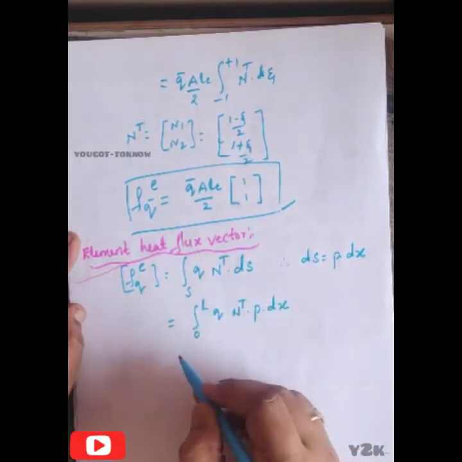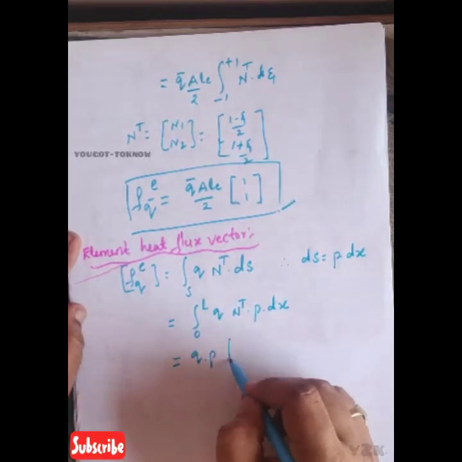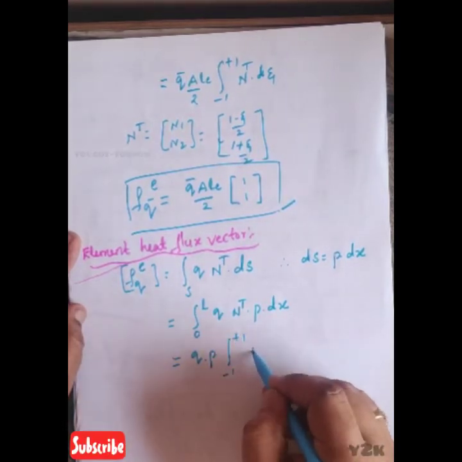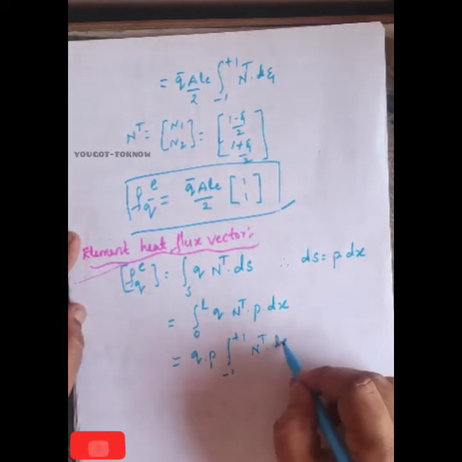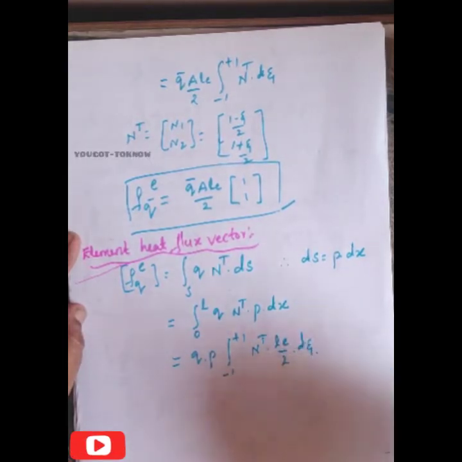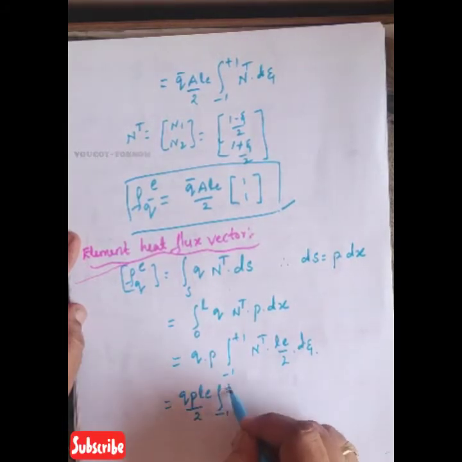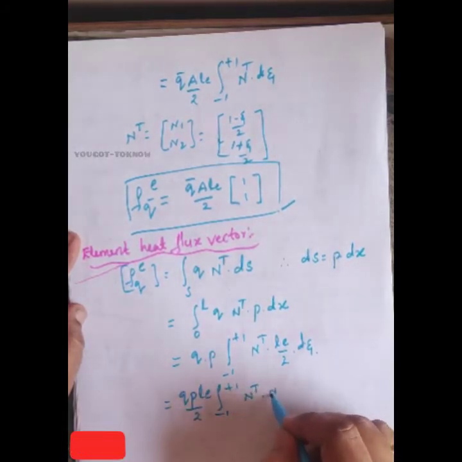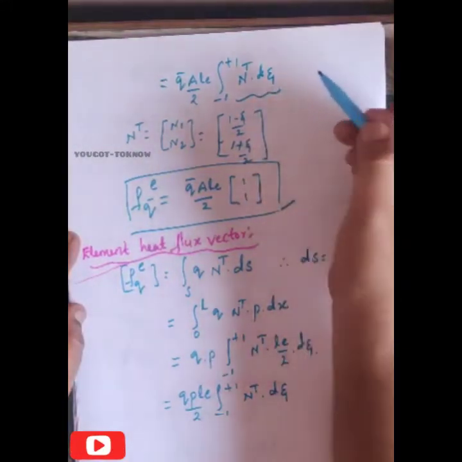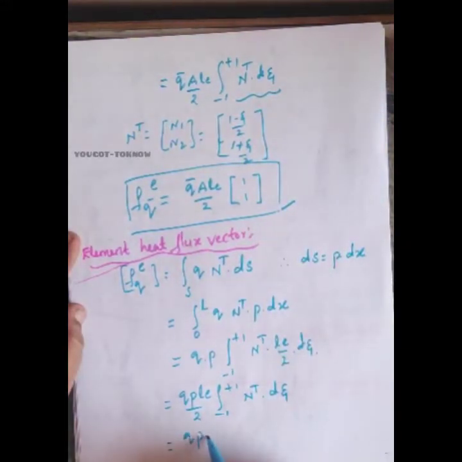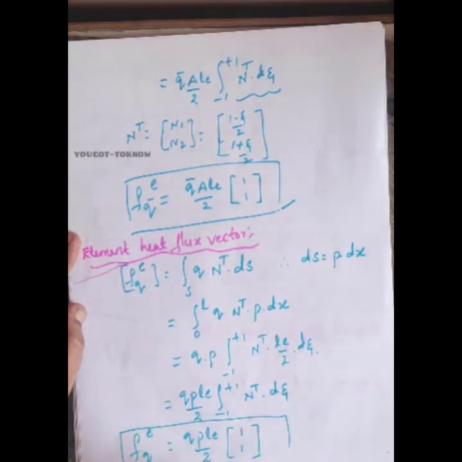Bring it to -1 to +1: dx equals L_e by 2 into d zeta. That means q p L_e by 2 into the integral from -1 to +1 of N transpose into d zeta, which gives 1 1. This is called f_q^e, the heat flux vector.